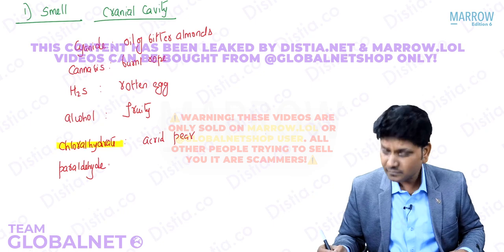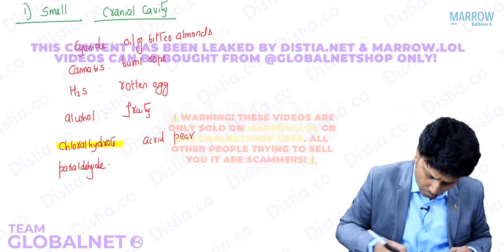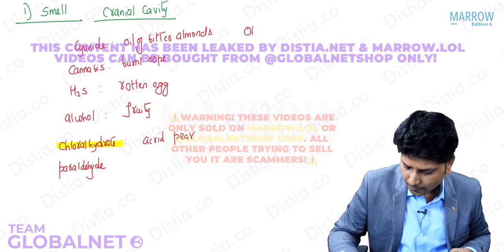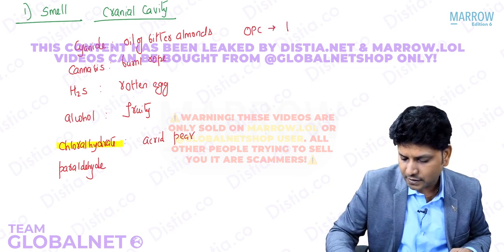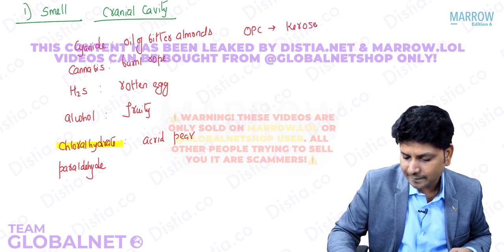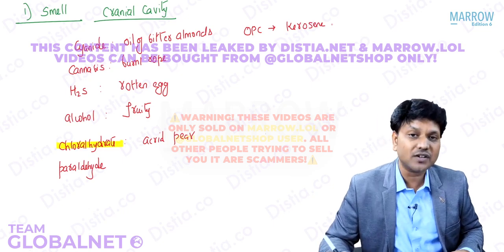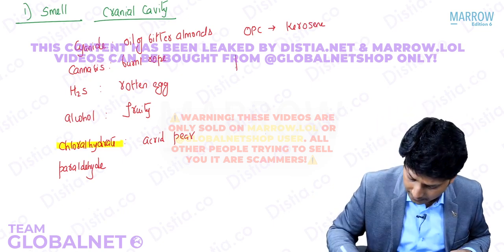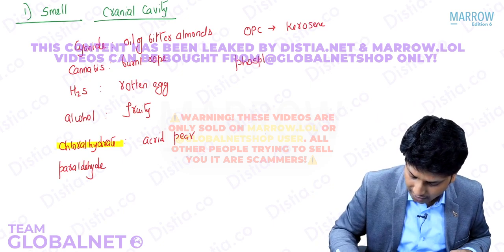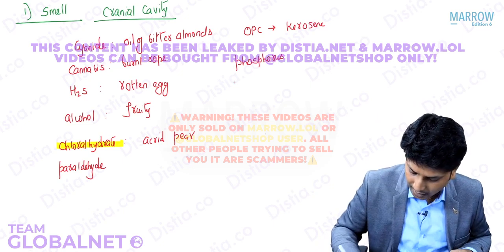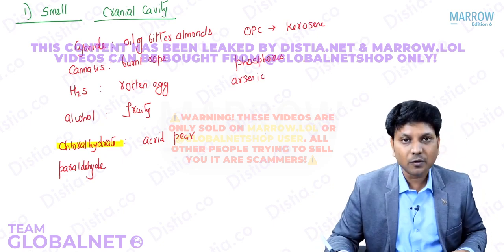Fine. Okay. Now moving further, what is the smell of organophosphorus compound? Organophosphorus compound has got a smell of kerosene. There are few poisons which have got garlic odor. What are they? Number one, phosphorus has got garlic odor. Arsenic poisoning, patient will also be showing garlic odor.